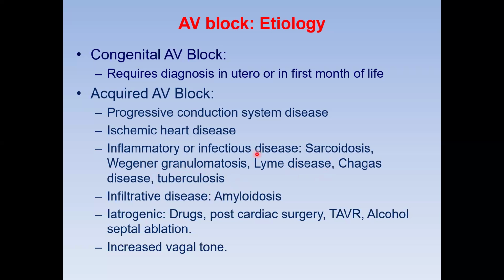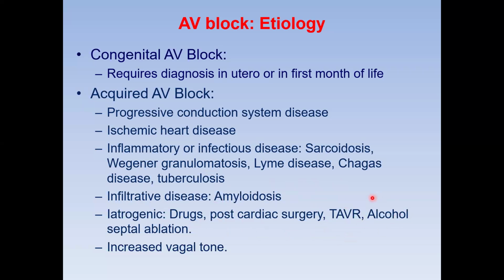In the northeastern United States, where I live, we have Lyme disease, a spirochetal disease that can cause AV block, but if we give antibiotic, it resolves. So anytime we get a young person or somebody who goes hunting, fishing, we always look for Lyme disease before we put a pacemaker in. And of course, infiltrative disease like amyloidosis, and drugs at high dose, and post-cardiac surgery, can cause AV block.